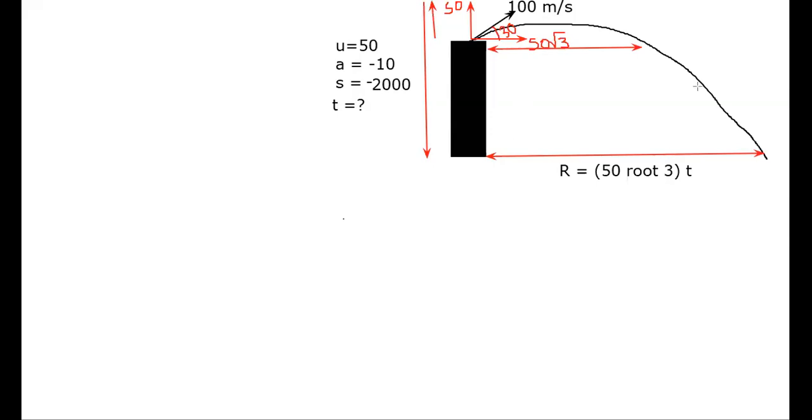Even if you're doing the 2 segments, just find the second t value, because for the second section, it will be downward velocity as 50 meter per second. Initial velocity, acceleration will be 10, s will be 2000. So even if we write that equation for the second segment, 2000 is equal to 50t plus half into g, that will be 5t square.